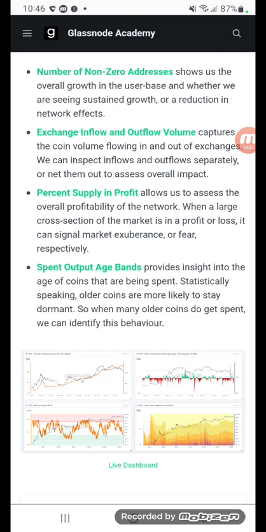Exchange inflow and outflow volume capture the volume flowing in and out of exchanges. We can inspect inflow and outflow separately or net them out to assess overall impact. Percent supply in profit allows us to assess the overall profitability of the network.